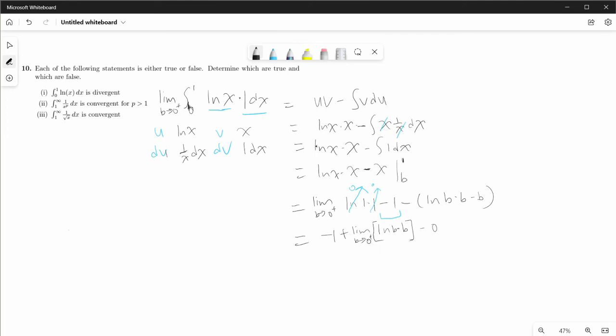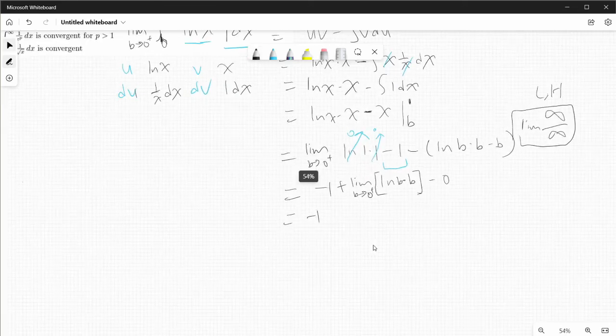So I need to create an infinity over infinity situation in a limit. Then I can use L'Hopital's rule. So this would be negative 1 plus the limit of b approaching 0 from the positive side.